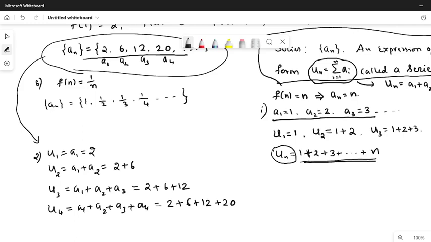Similarly, you may define u5, u6, u7 and so on.